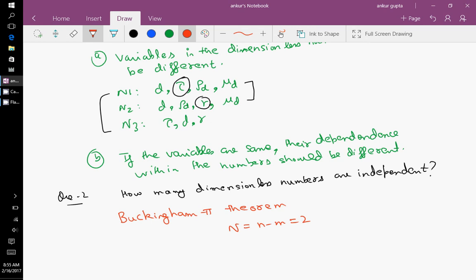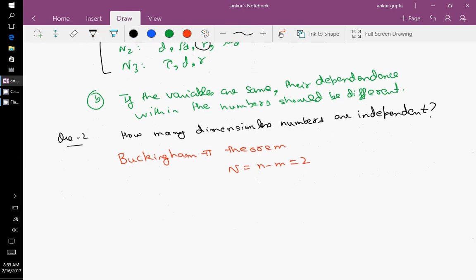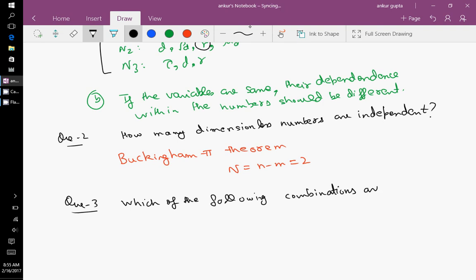So just to follow up on this, let us now ask, if you have been given two numbers, can we check if they are independent or not? Which of the following combinations are independent?